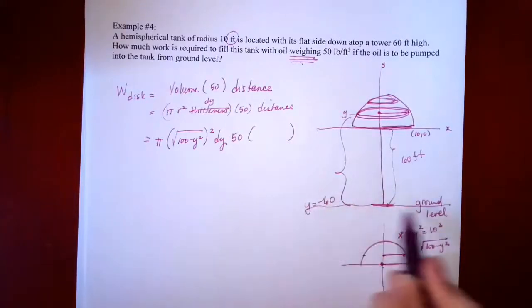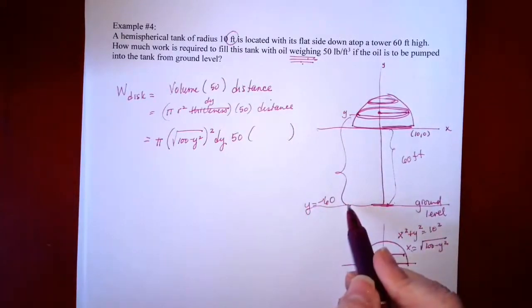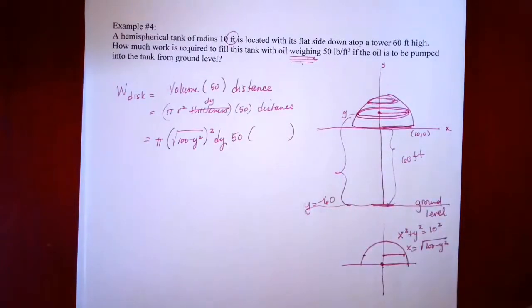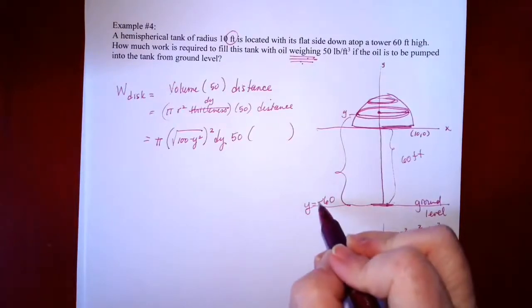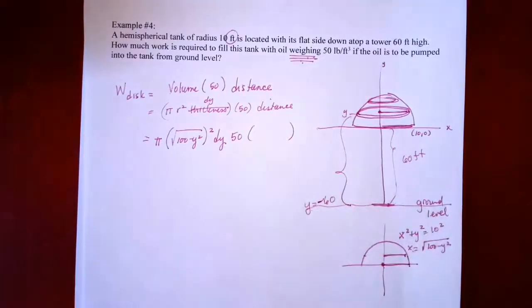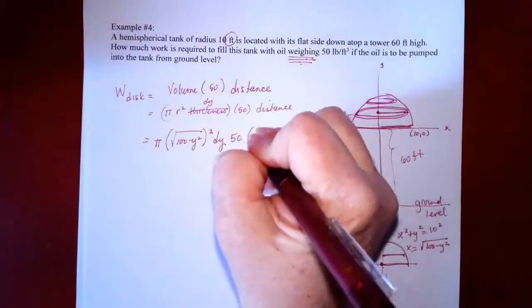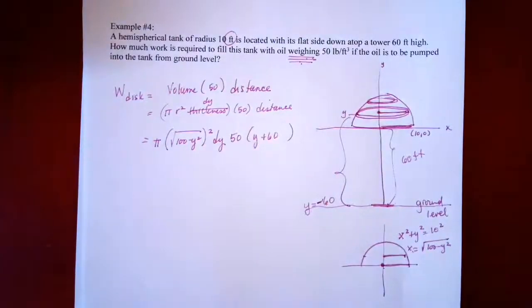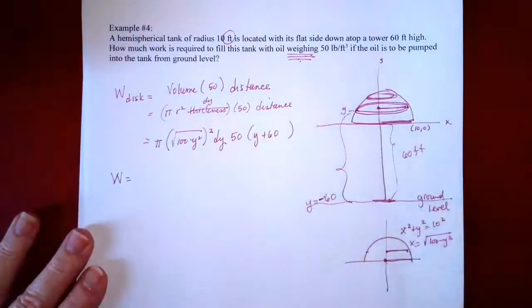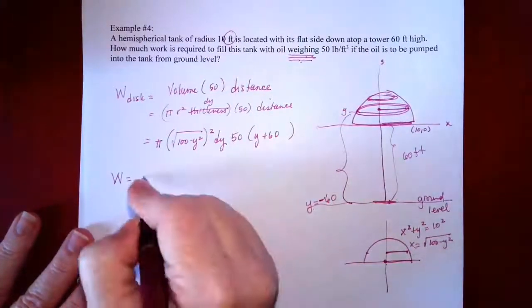So this is y equals negative 60 according to how I have it drawn. So that distance would be what? Y minus negative 60, yeah, because it'll be a y minus a negative. Good. Y plus 60. So our total work will be what we get when we add these up using integration.